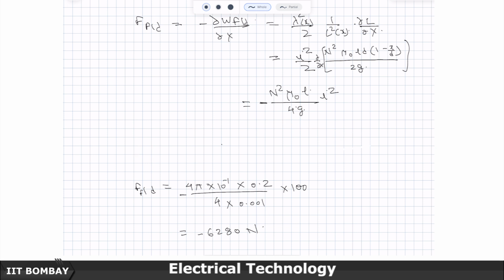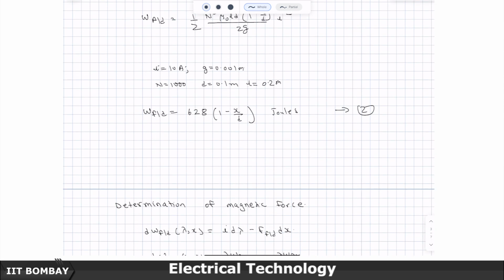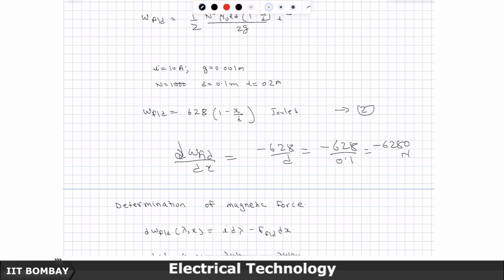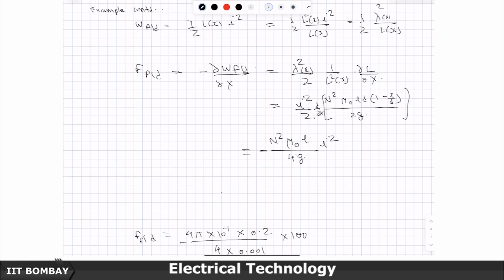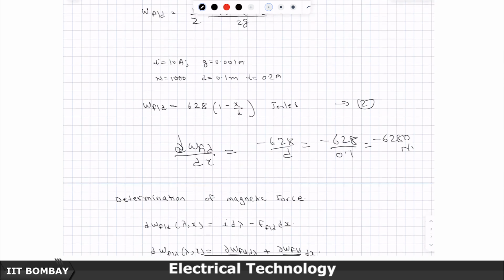Let us do this. dW_fld by dx will turn out to be minus 628 by d, which is minus 628 divided by 0.1, which is minus 6280 newtons.